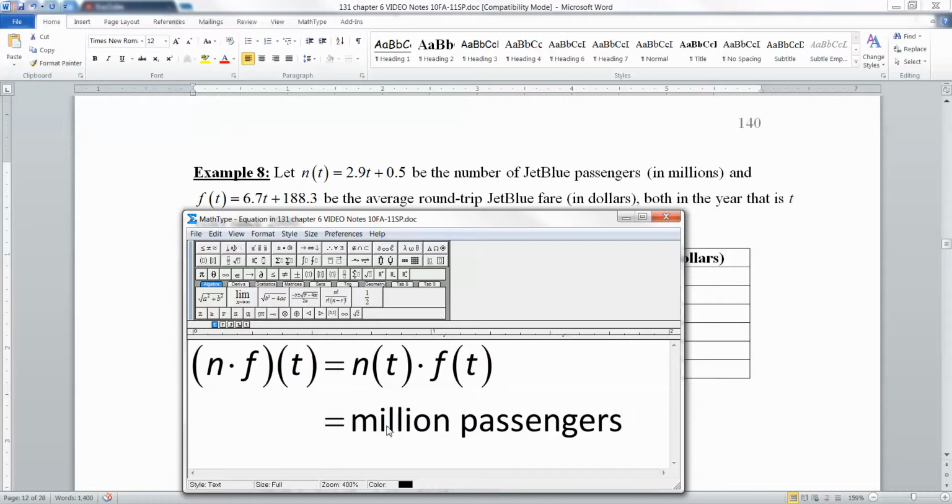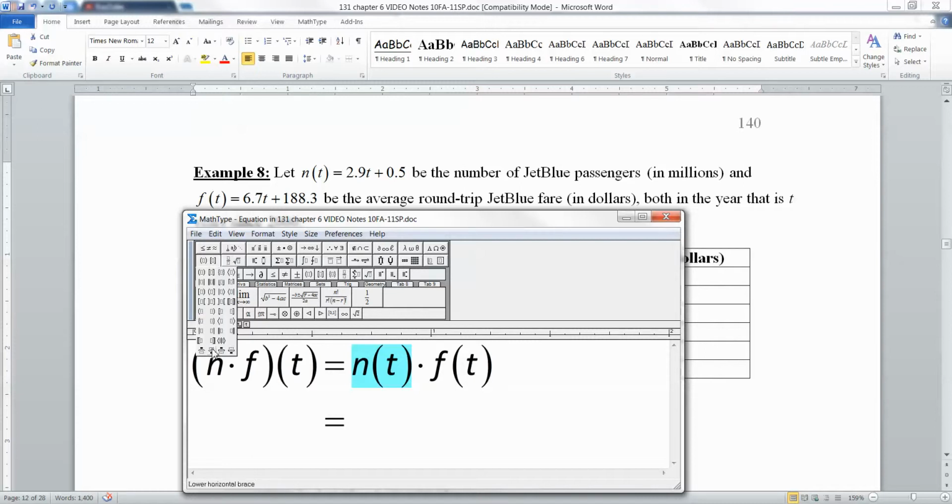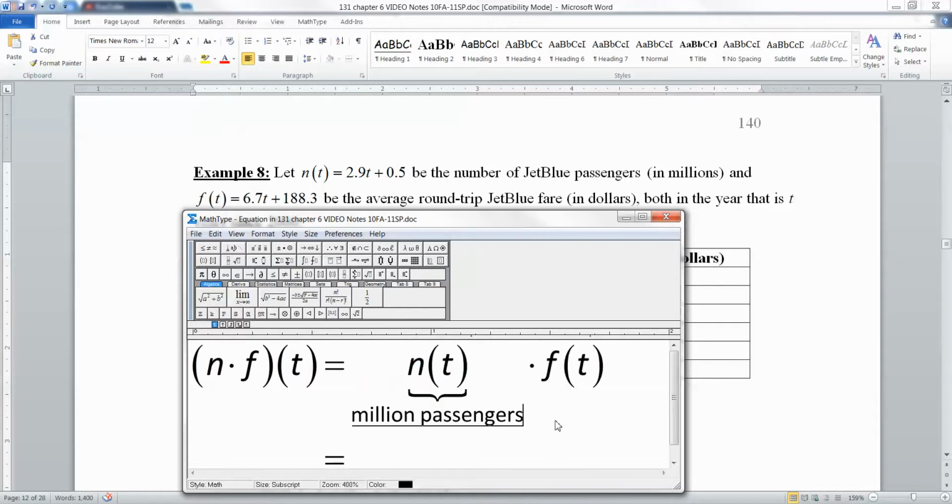Let me simplify this a little bit. Okay, and then f of t is the fare that we're charging those passengers, right? So that was dollars.